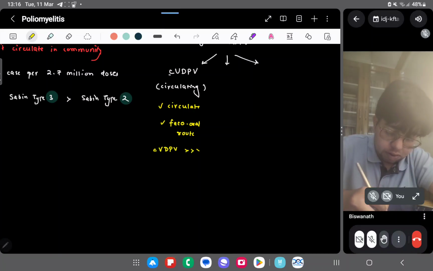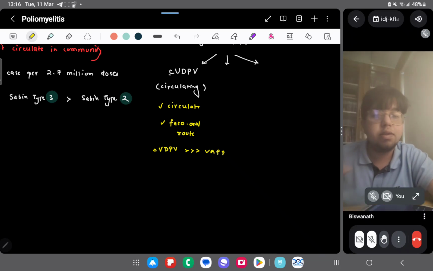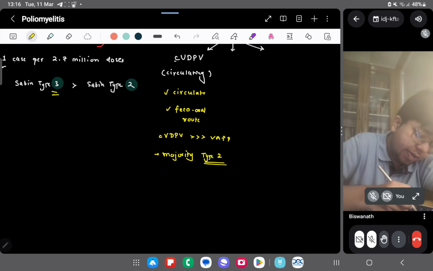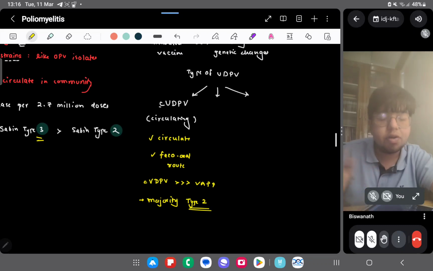CVDPV is more dangerous than VAPP. Have to know this. And the majority are type 2. VAPP was mostly type 3, but this is due to type 2, right?